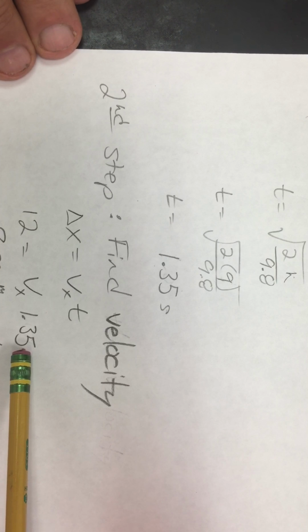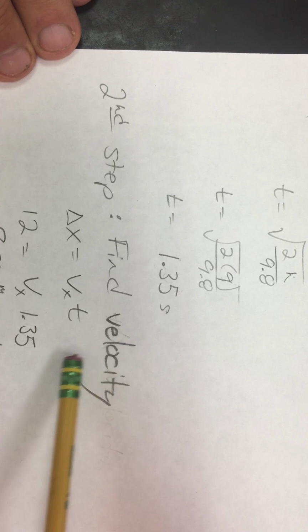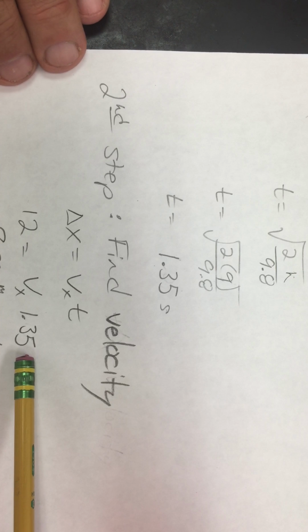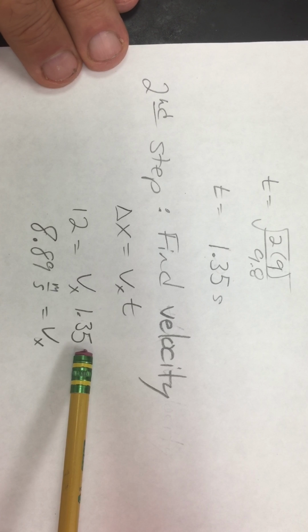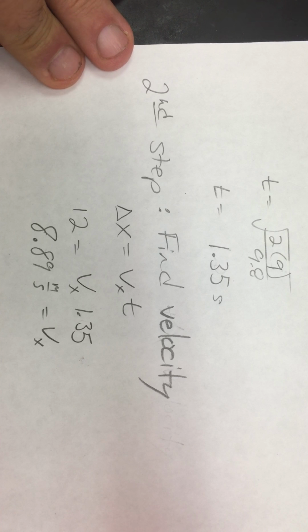And the t is the time in the air that we just figured out a moment ago. So to solve for v here, you have to divide both sides by 1.35. 12 divided by 1.35 is going to be 8.89. And that's a velocity, so the units are meters per second.